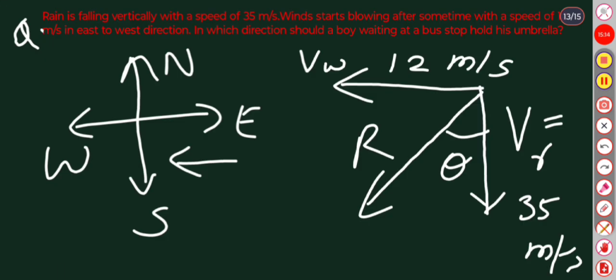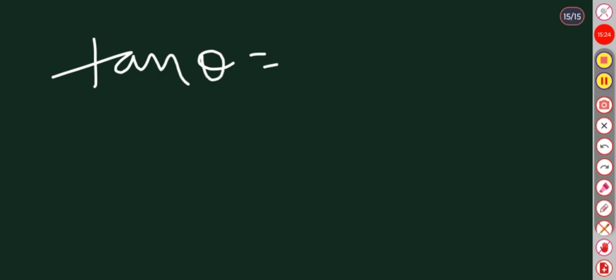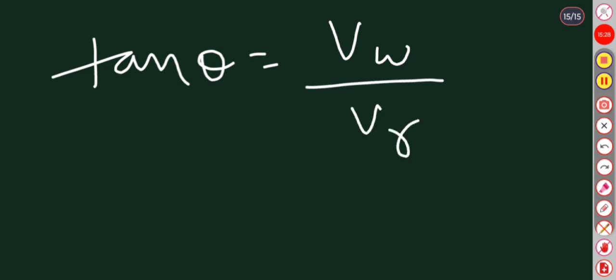The direction theta that R makes with the vertical is given as tan theta equal to VW upon VR. Why? Because tan theta is equal to perpendicular upon base.